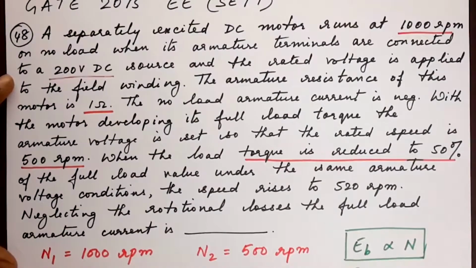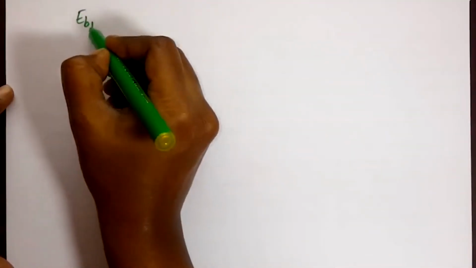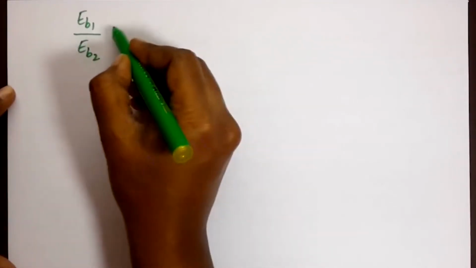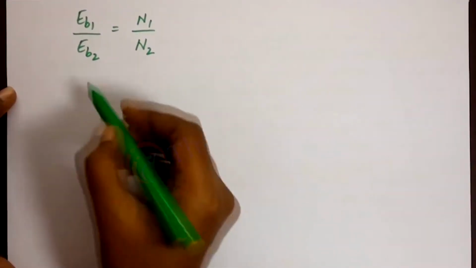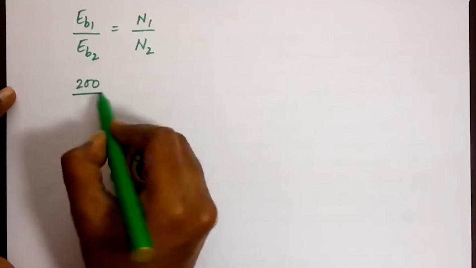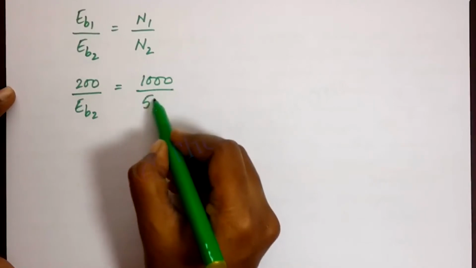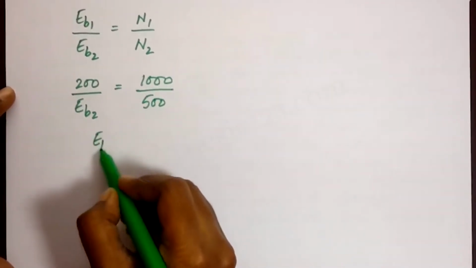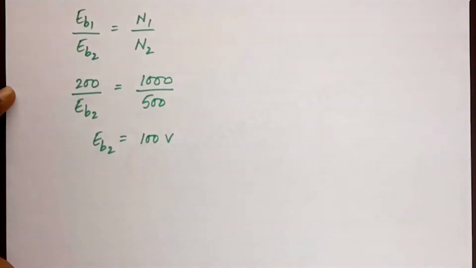Substituting, EB1 is 200 divided by EB2 equals 1000 divided by 500. If you solve this, EB2 should be 100 volts. This is our value of EB2.